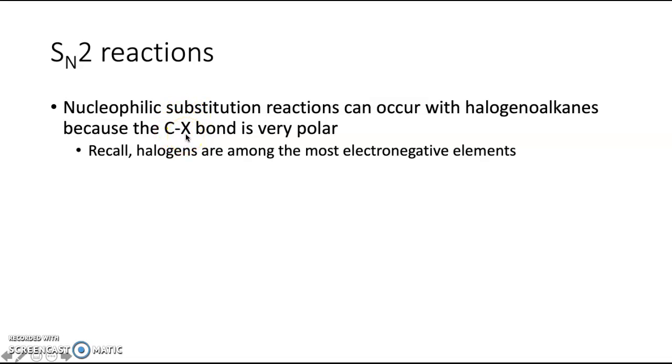It pulls the electrons in the bond towards it, meaning that the nucleus of the carbon ends up being kind of exposed. Because the halogen is taking all the electrons, the carbon is left with a slightly positive charge, which makes it ready to be attacked by a nucleophile.